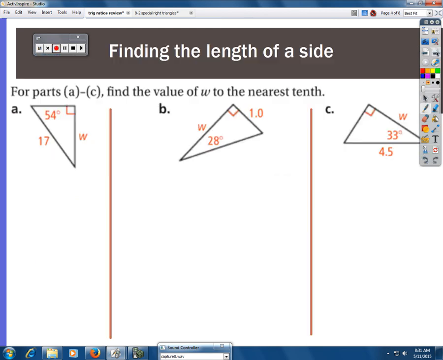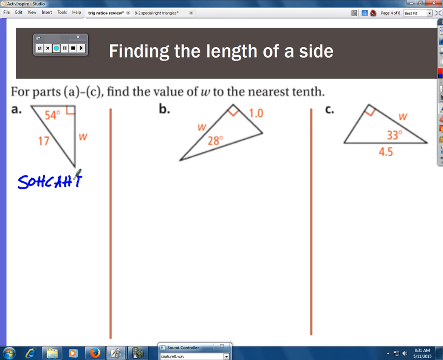But we're going to do some where we're solving for a missing side. That's where you want to write out SOHCAHTOA when you start the problem. And then you want to label your sides. Well, this is our theta. So when I look at that, I know I'm not touching this leg, so that makes that the opposite. And the other one would be adjacent, which makes this the hypotenuse. So I want to underline the things I have labeled in this triangle.